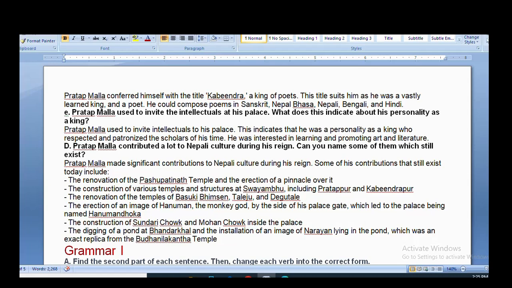Pratap Malla made significant contributions to Nepali culture during his reign.